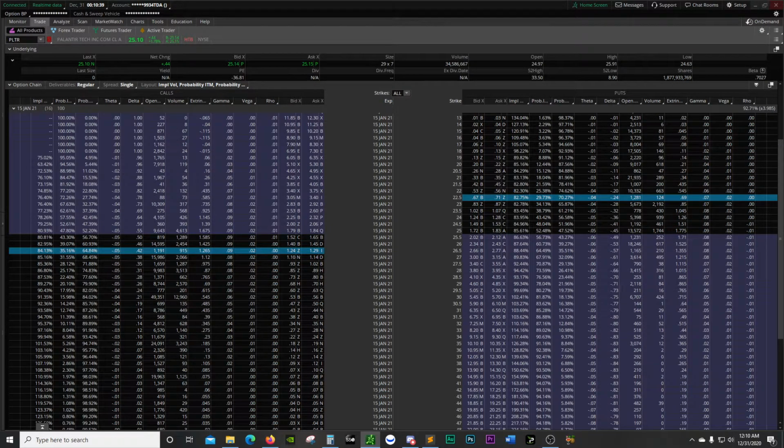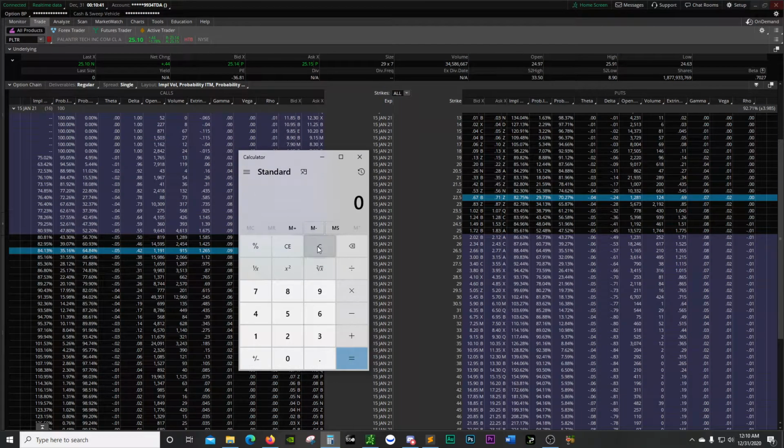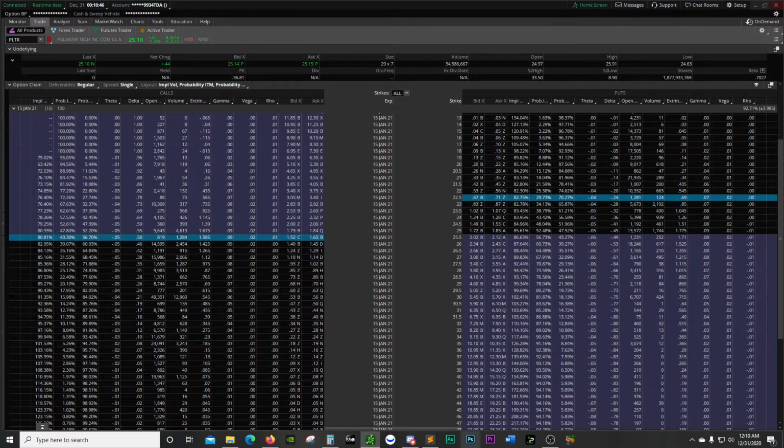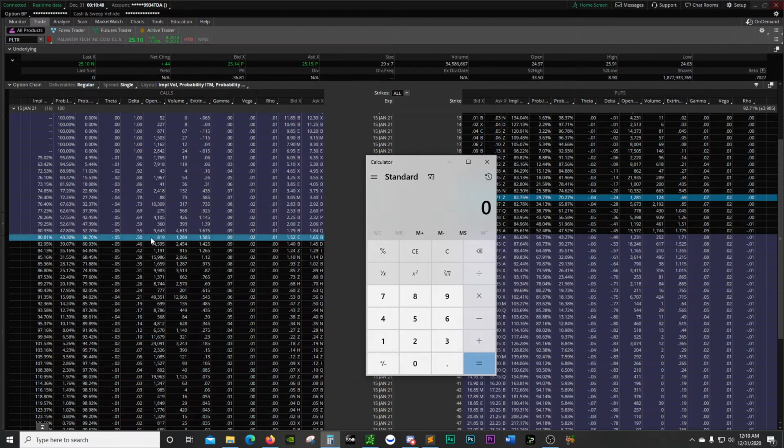I'm going to do a little bit of math so you can see exactly what I mean. At the money, 1.65, theta is 0.05. If I do 0.05 divided by 1.65, that's 0.03, which basically means 3% theta decay on that option.